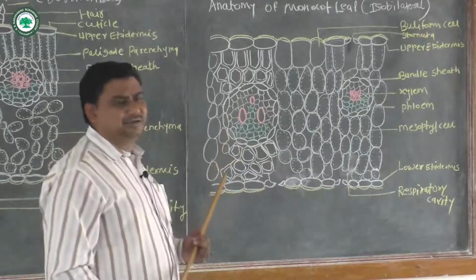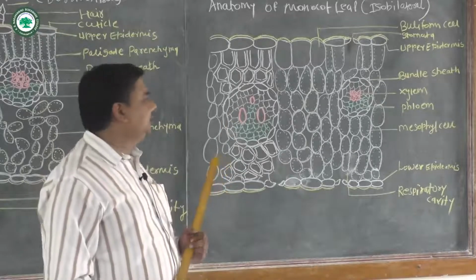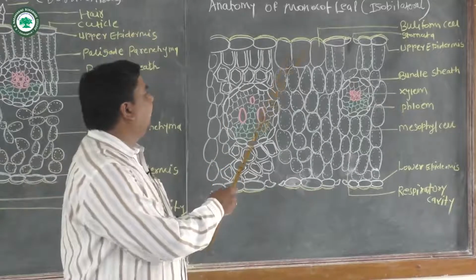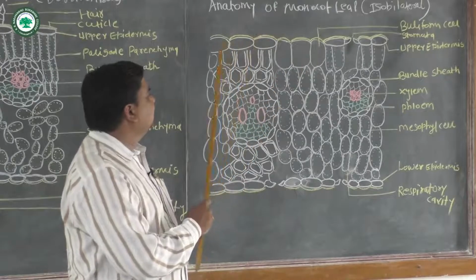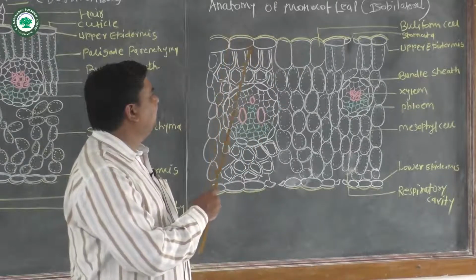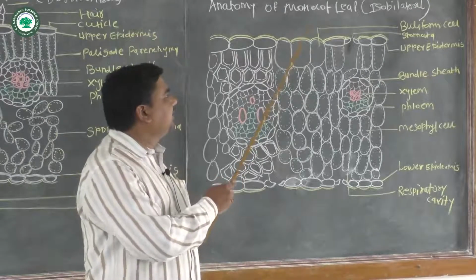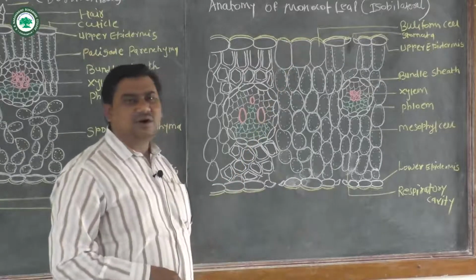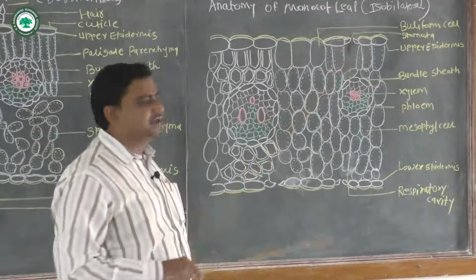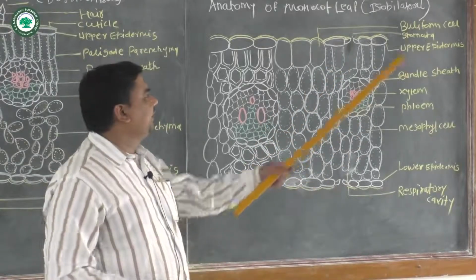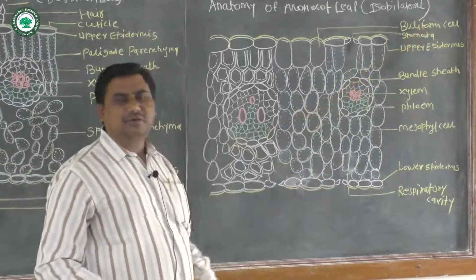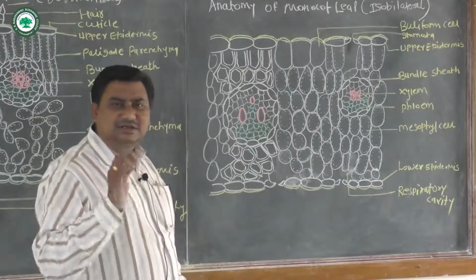On the epidermis, look here, there is a large cell. Here there are the cells of epidermis, but you can see there are large cells, and this particular cell is called the bulliform cell, or what we call the motor cell.